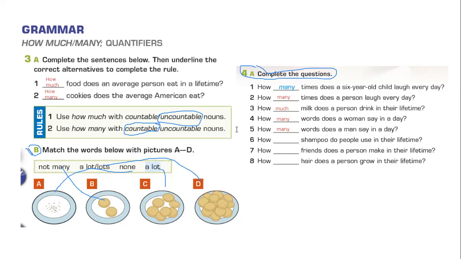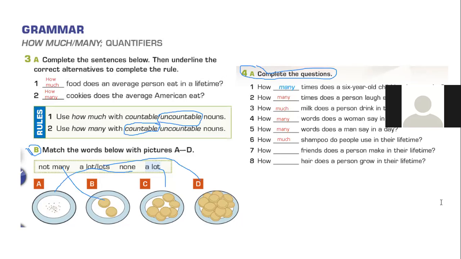Number six, Jessica. How much shampoo? ¿Cómo se dice shampoo? ¿Así shampoo? How much shampoo do people use in their lifetime? How much shampoo? Very good.